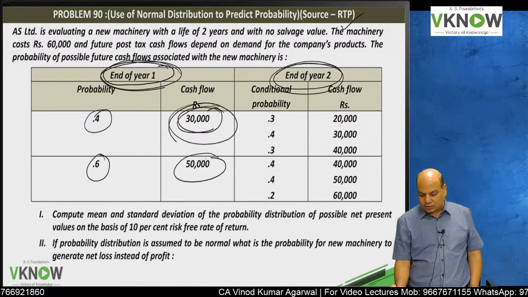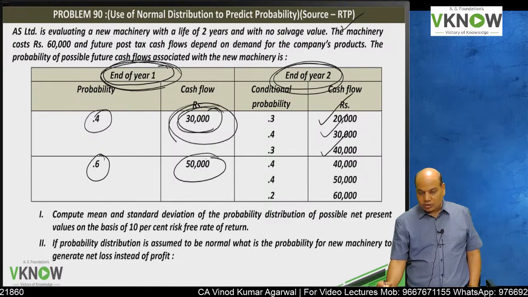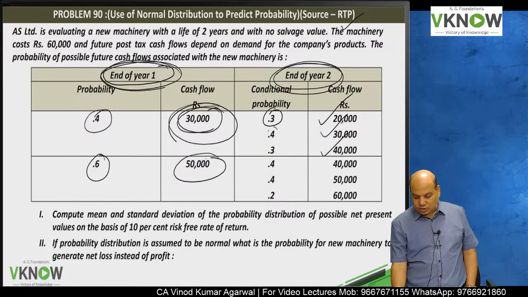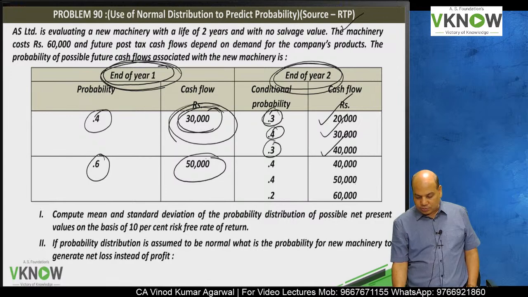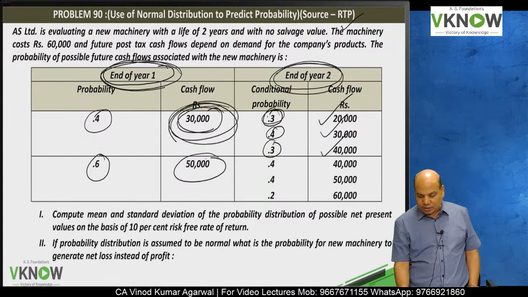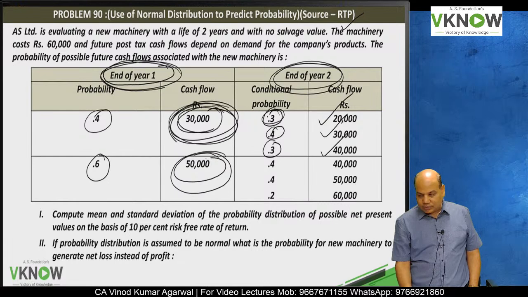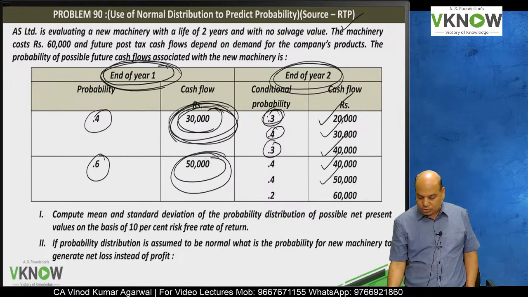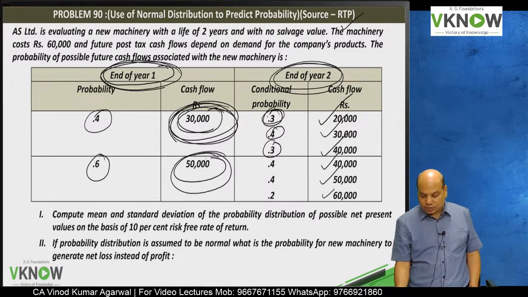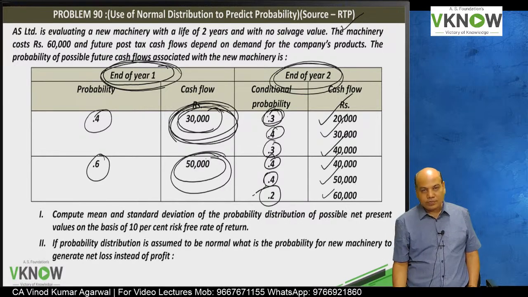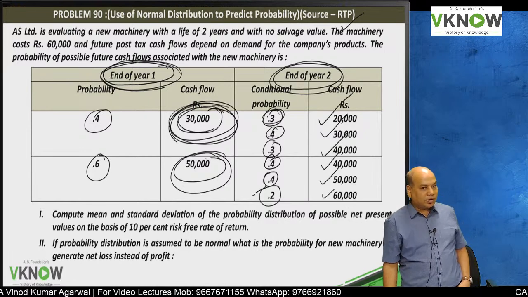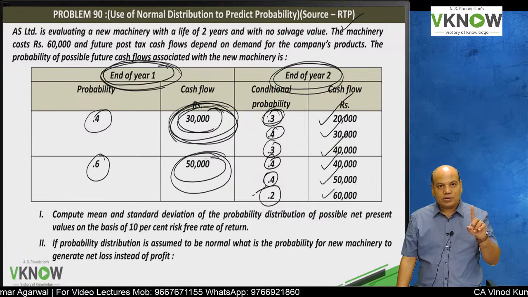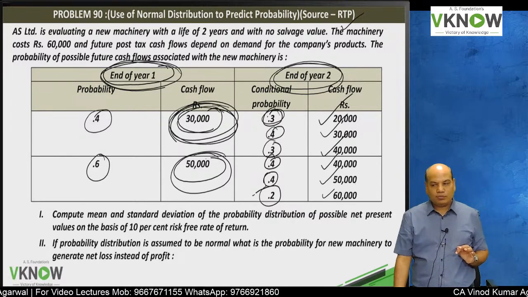If it is 30,000, then it can be 20,000, 30,000, 40,000 with these probabilities. These probabilities depend on what happened in the first year. If first year cash flow is 50,000, your second year cash flow can be 40, 50 or 60,000 with these probabilities. In the same chapter we have done this type of question 2 times in the class, 1 time it was given as homework.